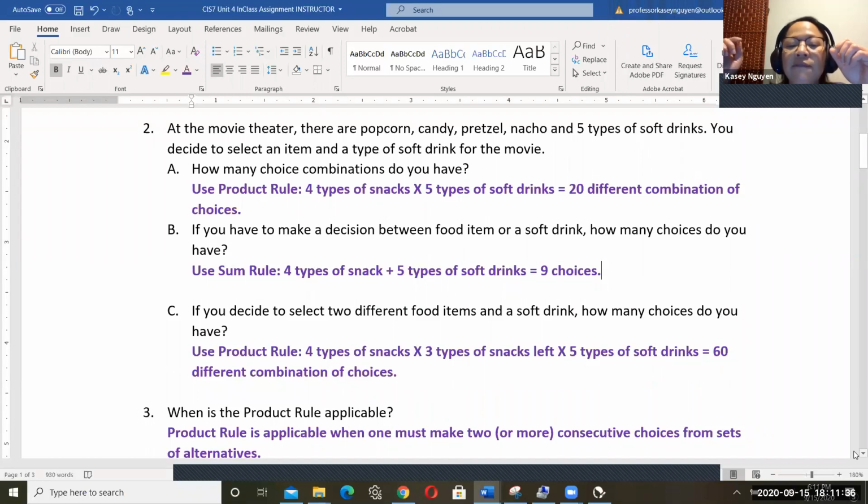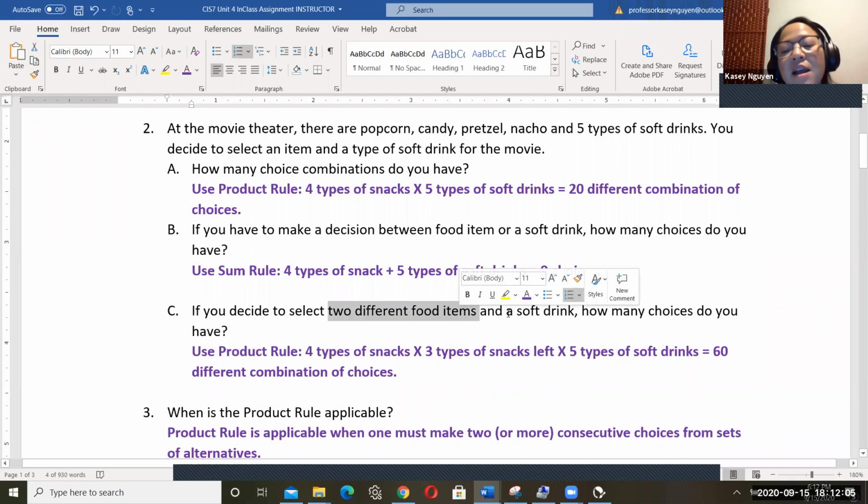So we would take 4 times 3 times 5, because in this particular case, you're selecting multiple times across the 2 sets, okay? So that gives you 60 different combinations of choices. So for C, we would use the product rule because we have to select 2 types of food and a drink.